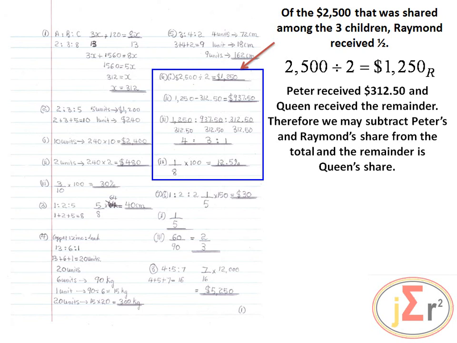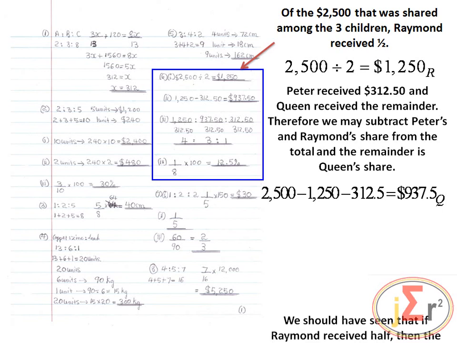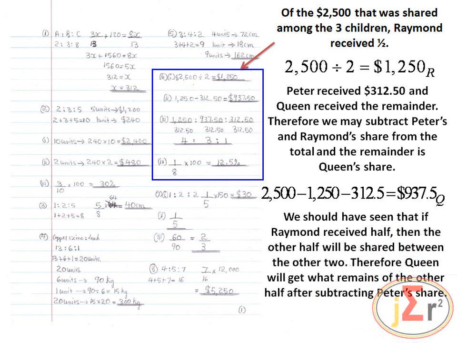So, how much does the other have? All we need to do is subtract those 2 from the total, and what remains is the share of the other one that is missing. No problem. So Queen's share will be $937 and 50 cents. Pretty straightforward.